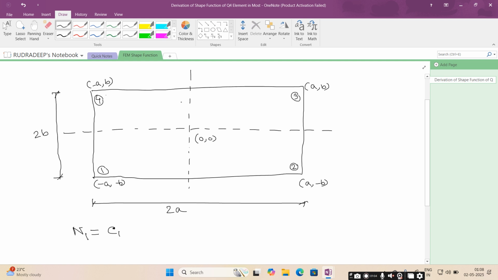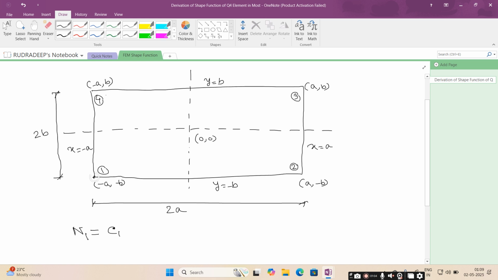So what is the equation of this line? This one will be y equal to b, this one is y equal to minus b, this one is x equal to a, and the fourth one is x equal to minus a.